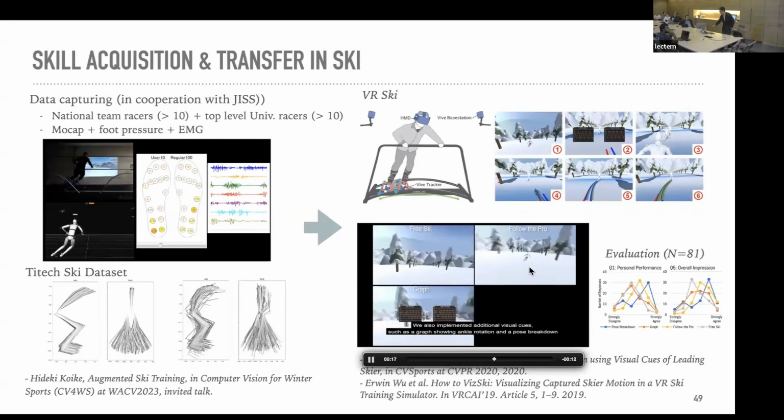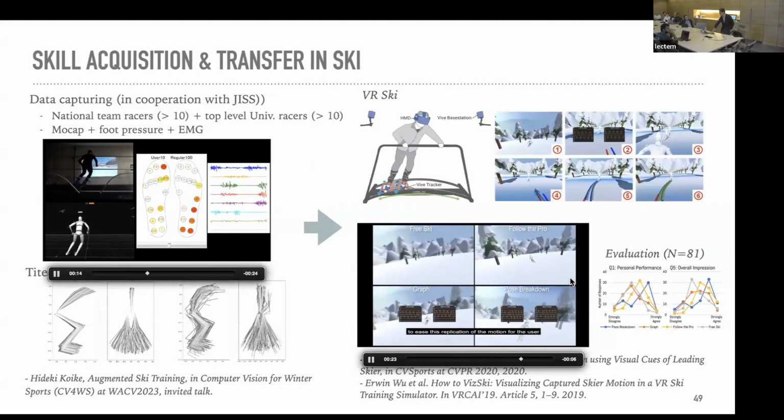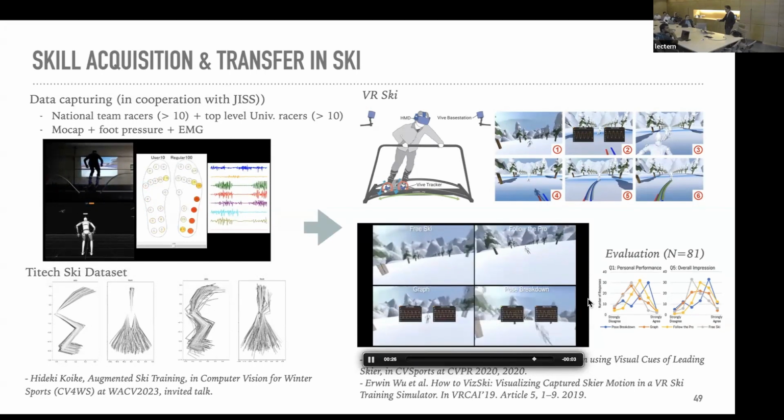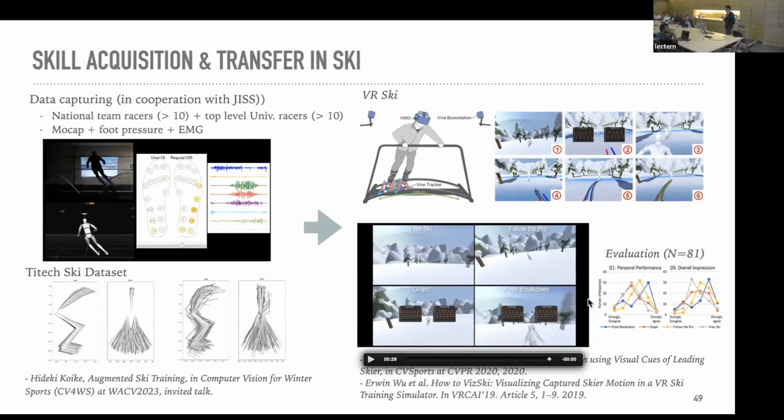And in front of him, he's seeing expert racers, which were captured by the ski simulator. He's asked to mimic the expert's motion as well as follow the ski lines the expert made, because it is very efficient to ski just after the expert skiers, but it is sometimes dangerous. So we make this kind of virtual ski.